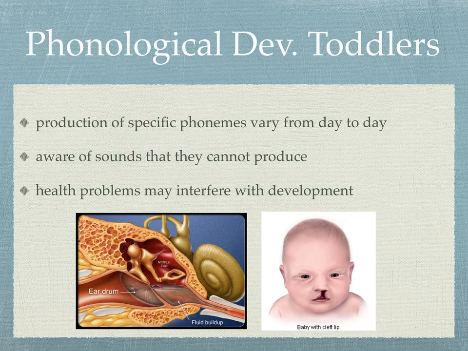Phonological development in toddlers: they can start to produce specific phonemes, and it can vary from day to day. They are aware of the sounds that they cannot reproduce, and so they may avoid or refuse to pronounce words containing sounds that they can't say because they can't figure out how to form their mouth to make those certain sounds.